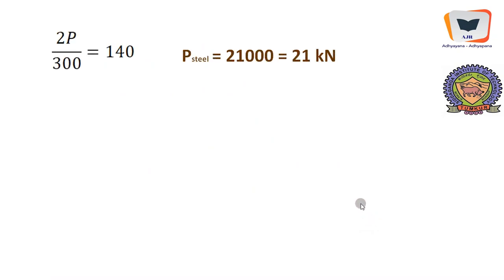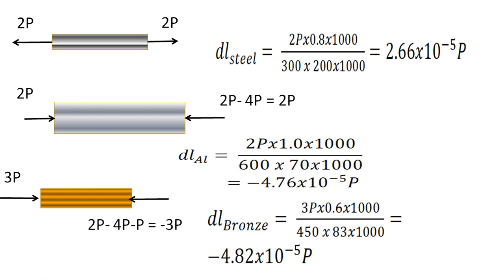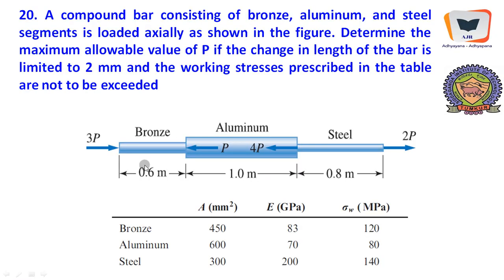Let us see the other criterion. 2P by 300 equal to 140, because the limiting stress in bronze is given to be 120, aluminum is given to be 80, and steel is given to be 140. It is 140, and this is 80, and this is 120. So we will apply this.